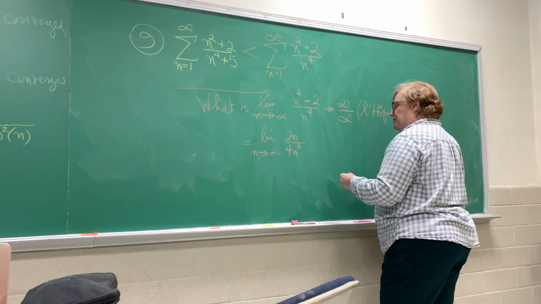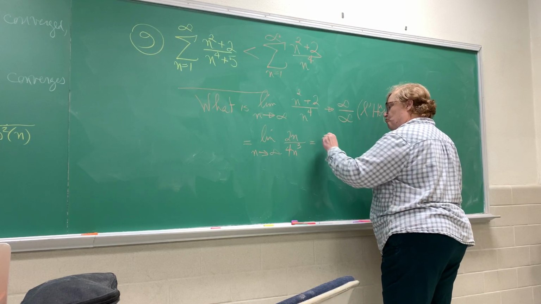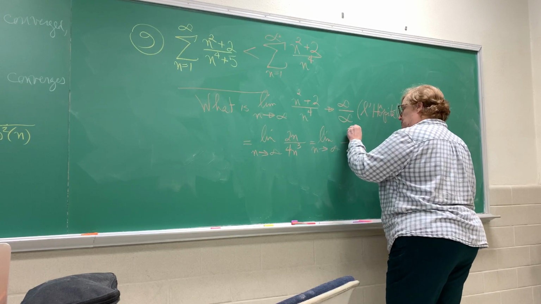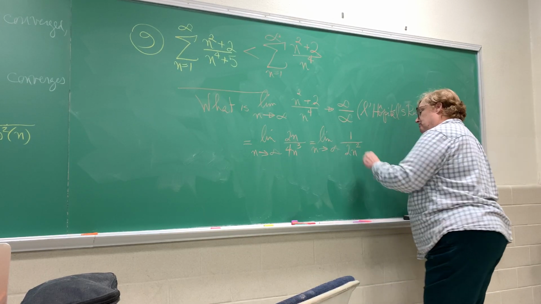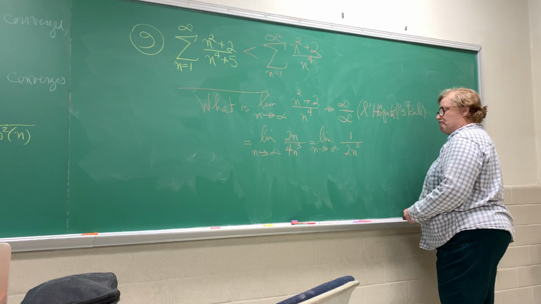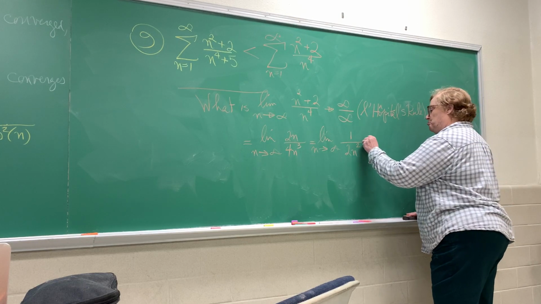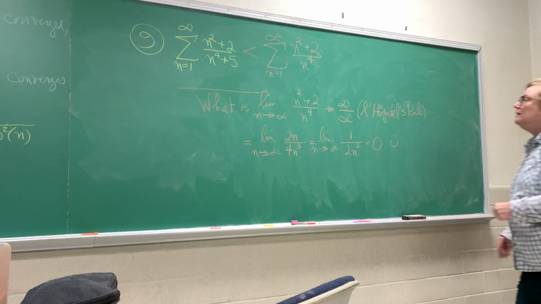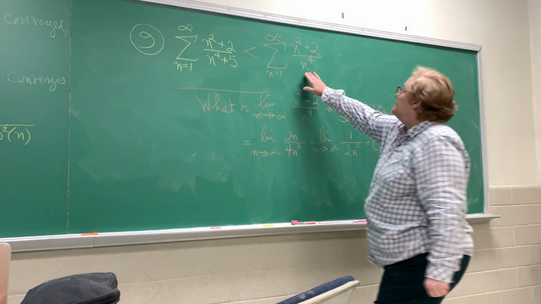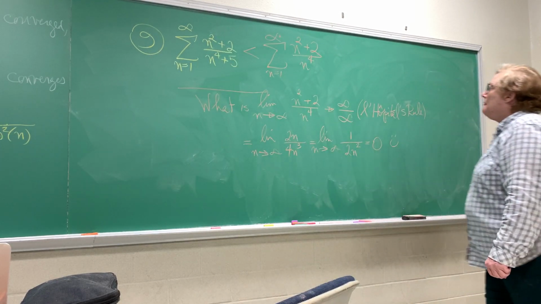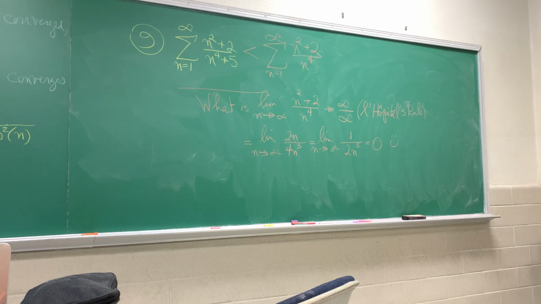And can we simplify this before we do anything? Yeah, 1 over 2n squared. Okay, good. And what is the value of that limit? 0. Okay, yay. So we know that it's looking good for our original series to converge, but what are we going to use?